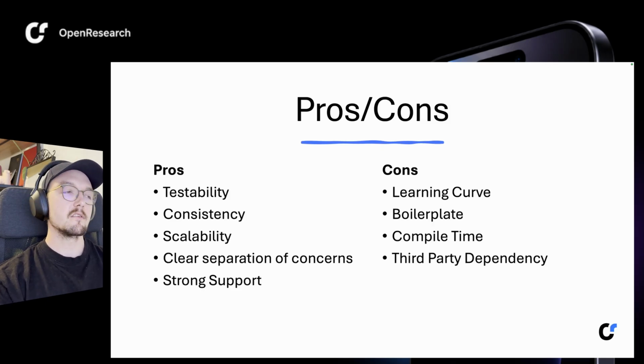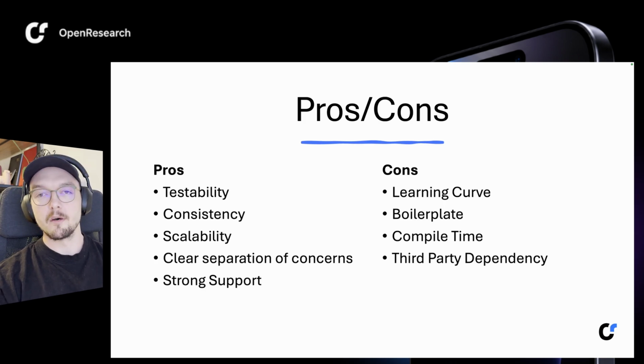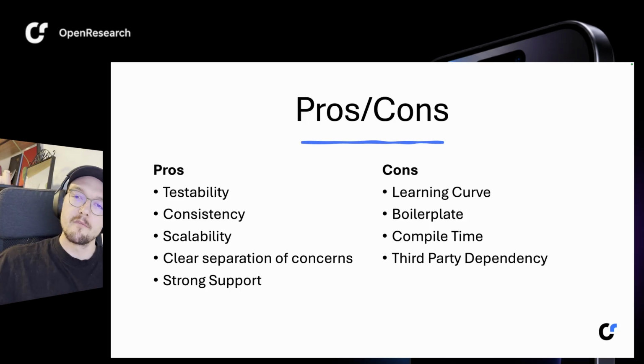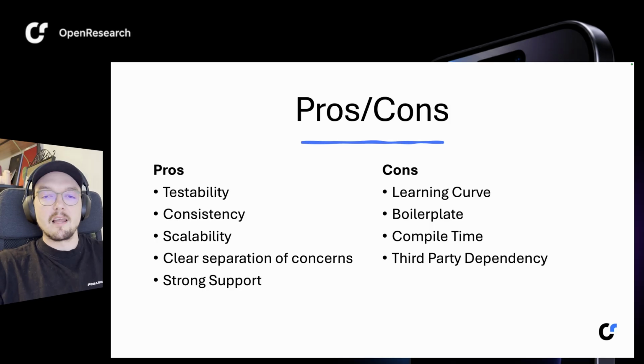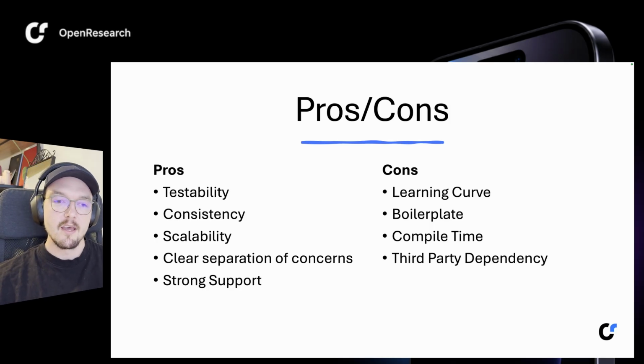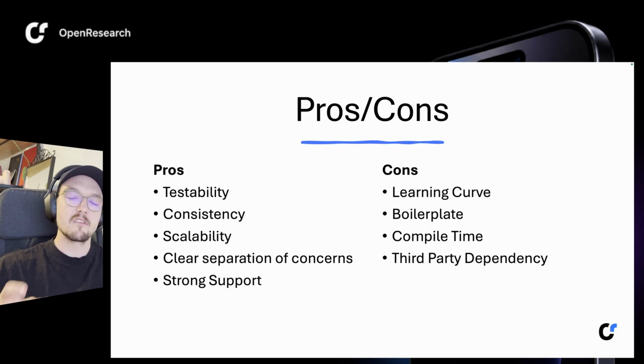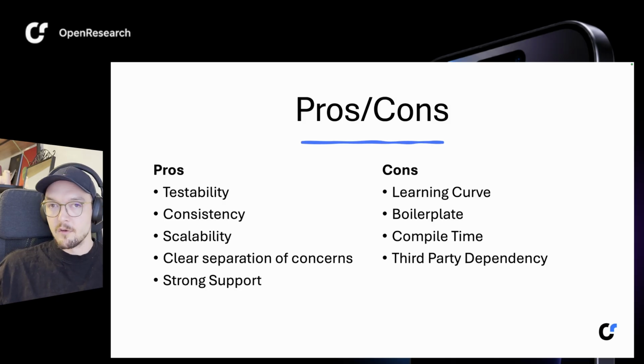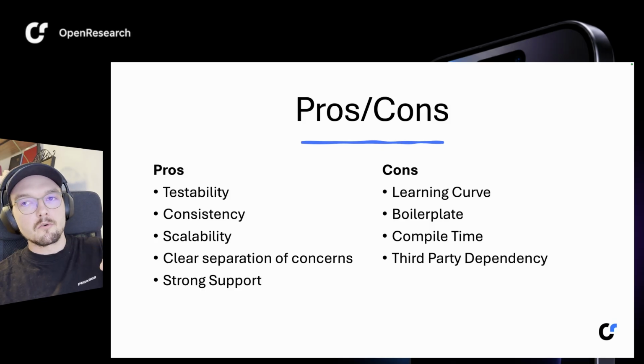Then the consistency, the features are always built up the same, and together with that, the scalability is a huge factor in my opinion, because of course these were small features, but if you have a large screen with a lot of logic, it is also super easy to just split it up into smaller feature packages or smaller stores, because as I've shown you, the parent store always knows what's happening in the child stores.